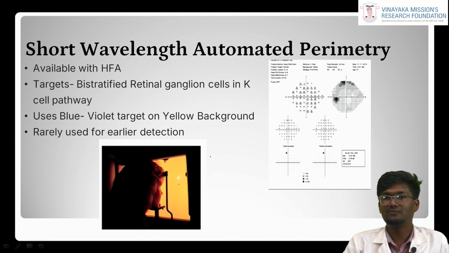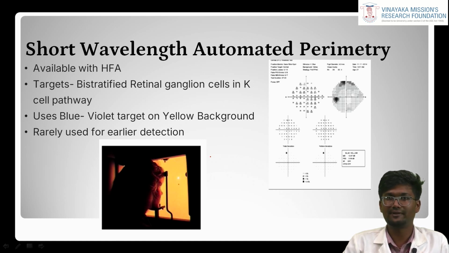These factors will stimulate the parvocellular pathway. We are giving a stimulus on a yellow background, and hence the parvocellular pathway will be a confounding factor if we are assessing the magnocellular pathway. So SWAP is not a clinical tool for measuring the magnocellular pathway, and also it is not valid for the ELA changes. These are the various psychophysical perimetry available in the market.